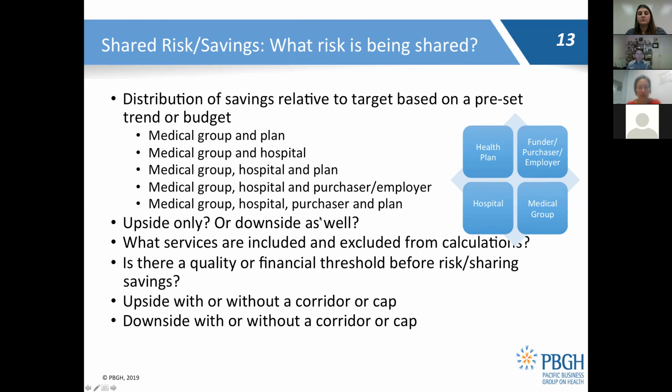In setting up the contracts, it's important to think about the types of services that are included as well as excluded from calculations. We've seen a number of instances where high-cost medications may be excluded. In other cases, prosthetic devices might be excluded, but that creates more challenges because it reduces the dollars that are managed together across the organizations.